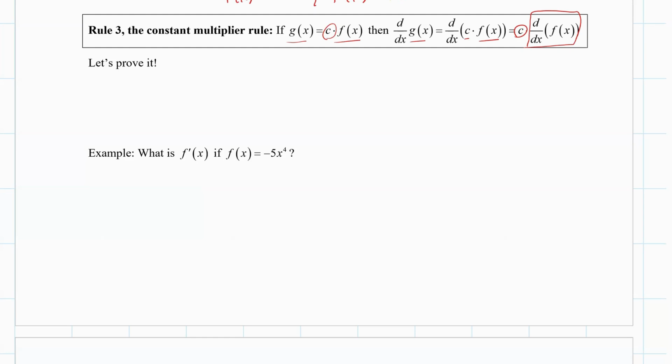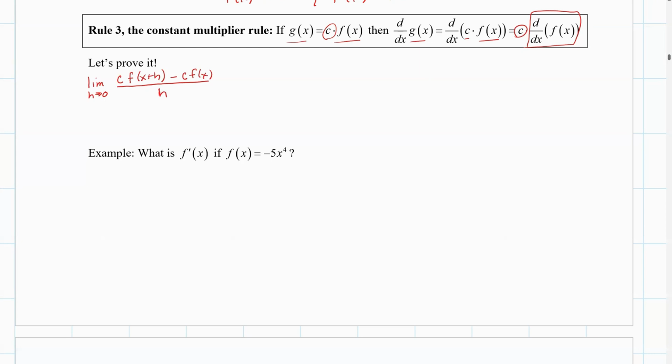Okay, again, let's not just take my word for it. Let's prove it. The limit as h approaches 0, in this case of c times f of x plus h minus c times f of x, all over h.